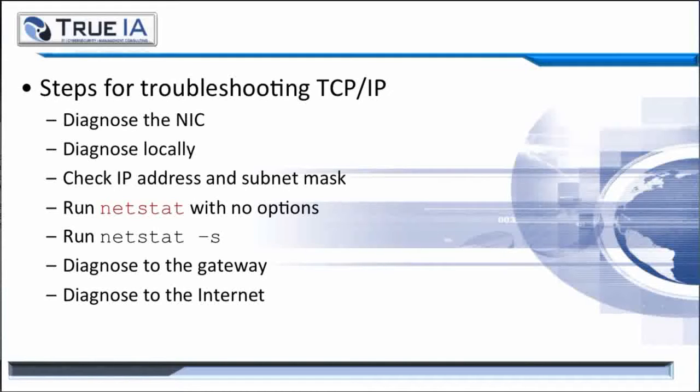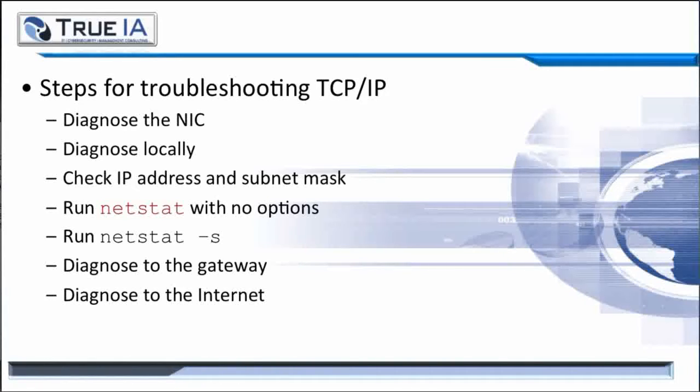So the basic steps to troubleshooting TCP/IP, it all starts with diagnosing the NIC. Then we'll move to diagnosing the local client, and then we'll check IP addresses and subnets. Next, we'll run netstat with no options, and then netstat -s.